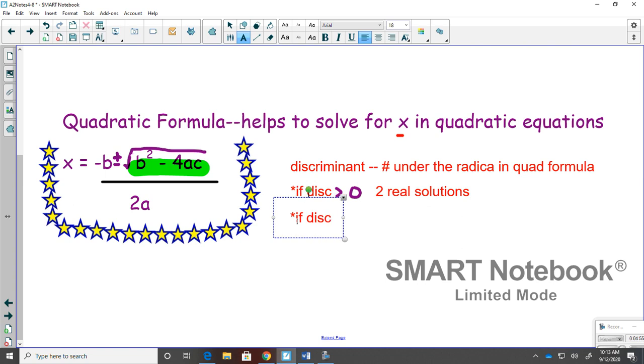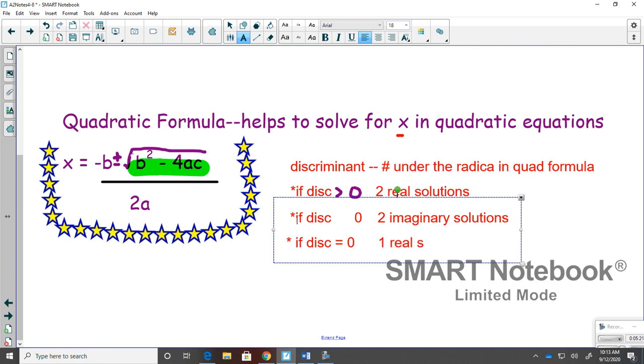If the discriminant is less than 0, in other words, if it's negative underneath the radical, you will get two imaginary solutions. And then last year you learned that if the discriminant is equal to 0, you only have one real solution.